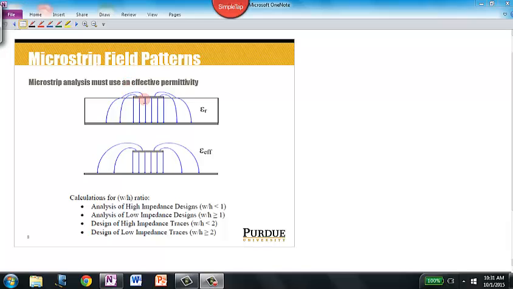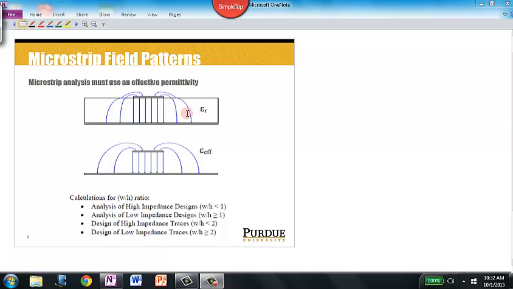Now, some of those electric field lines are fully contained within the dielectric, these ones that are purely vertical here. However, there is going to be some electric field that leaves the top of the signal line and bends down through the dielectric material to the ground plane. So what is happening here is these field lines see an inhomogeneous material. They first go through air and then they go through the dielectric material.